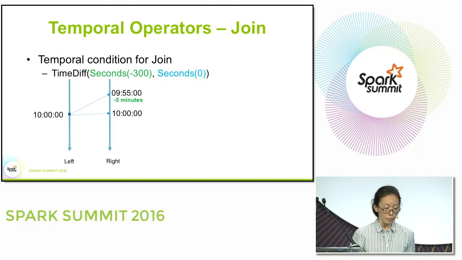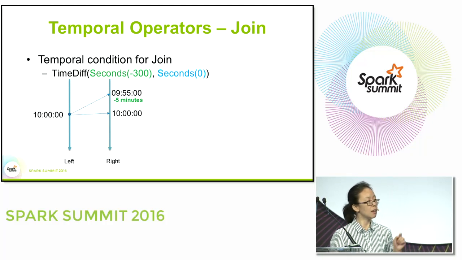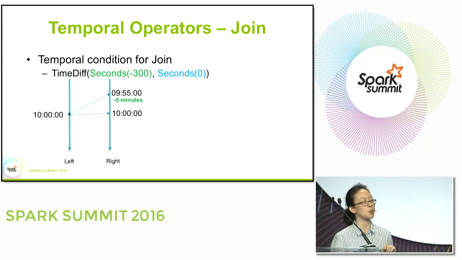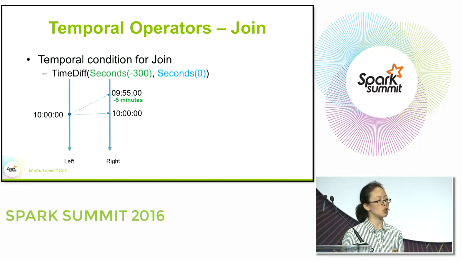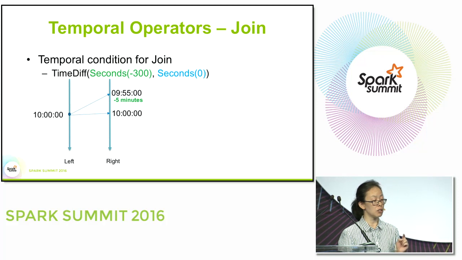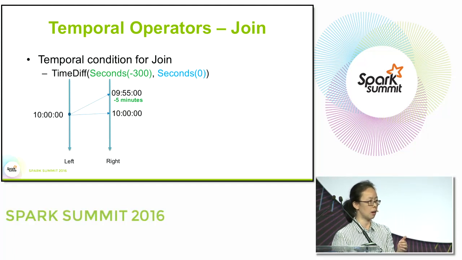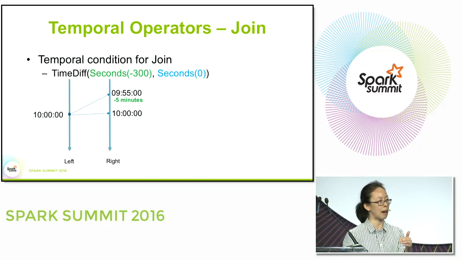And so in this particular application, because the input of the join is a 5-minute tumbling window, each event on the left actually joins with a single event, which is the previous aggregation result, like 5 minutes ago.